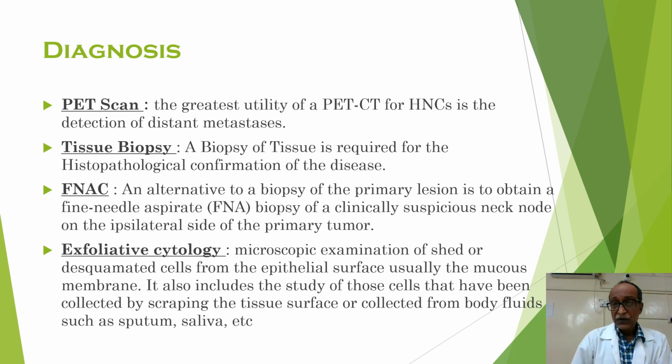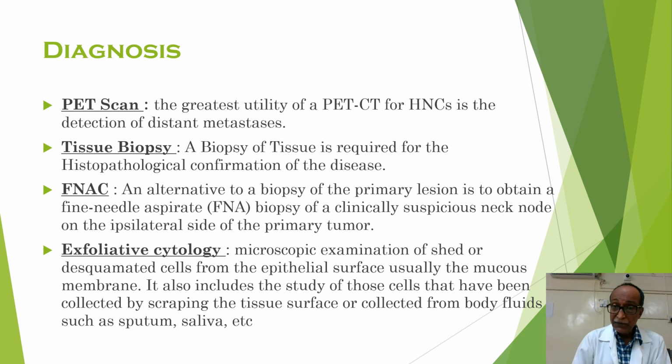A combination of X-rays or CTs or MRIs gives the exact location and extent of local tumor as well as the distant metastasis, so that you can make a definite plan of treatment and prognosticate outcome.